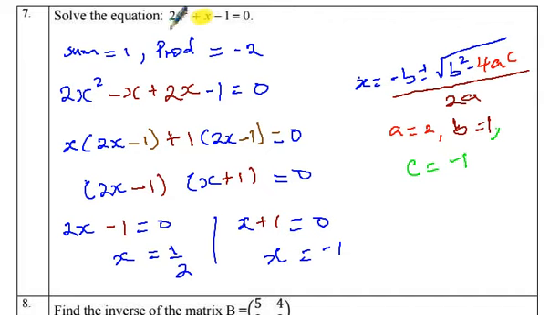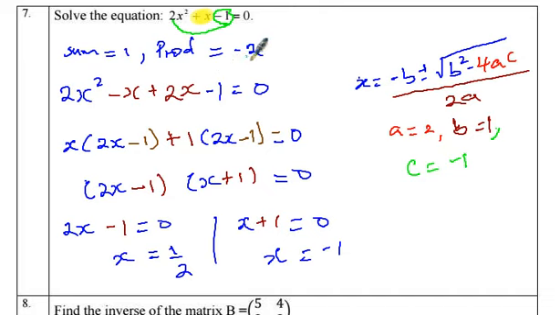And how do we get the product? The product, we multiply the coefficient of x squared times the constant here. But when we are considering this constant here, we also consider the sign on it. So that means if there is a minus sign in front of it, that constant is a negative number. That's how I'm getting -2 here as my product.